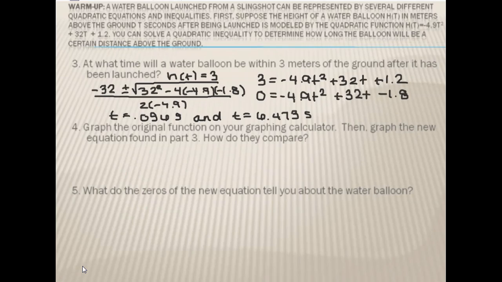Now graph the original function on your graphing calculator. Then graph the new equation found in part 3. How do they compare? So we can take out our graphing calculators, and I want you to put in both of those equations, one where your y-intercept is 1.2 and one where your y-intercept is negative 1.8.